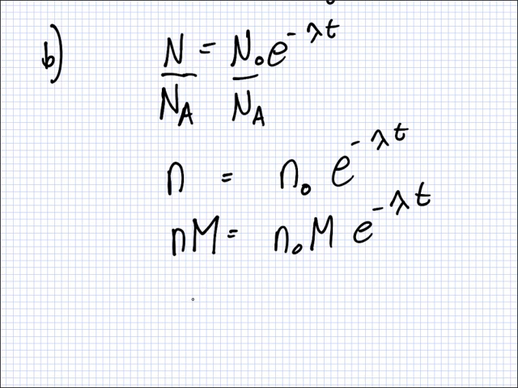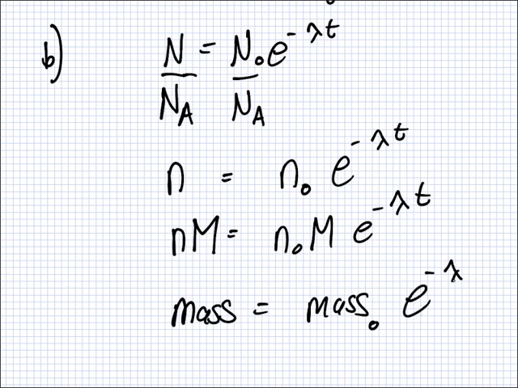So what I'm trying to show you in this question is you can make this formula that the mass is equal to the mass at the beginning times e minus lambda t. So if you have time here and you have mass in grams, it too exponentially decreases. That's the point with that question. Okay, so that's a little proof that might be useful for you to know. So I think you should write this down.